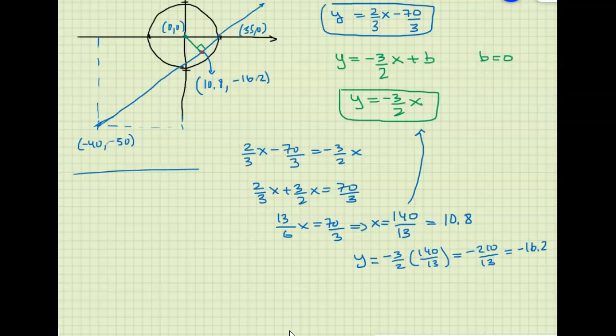Now how long is it going to take to get there? We can find the distance between these two points.